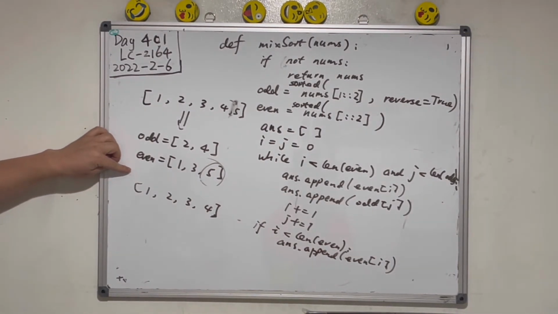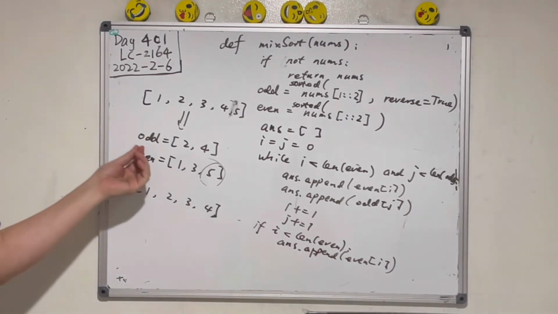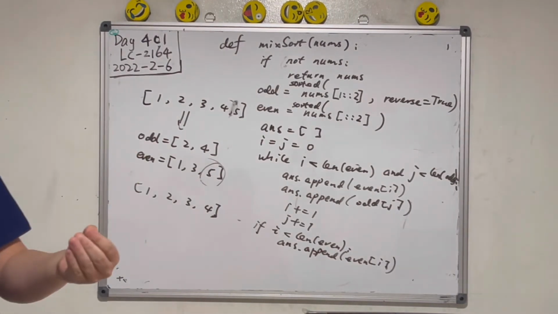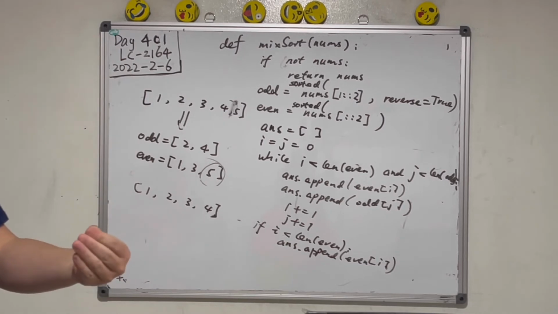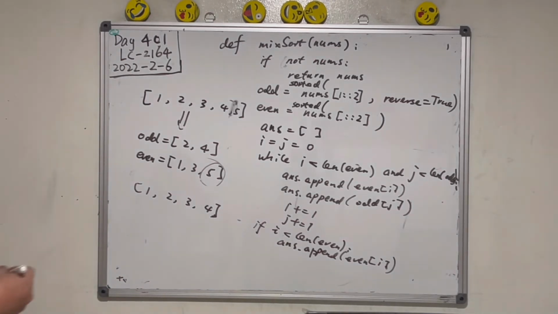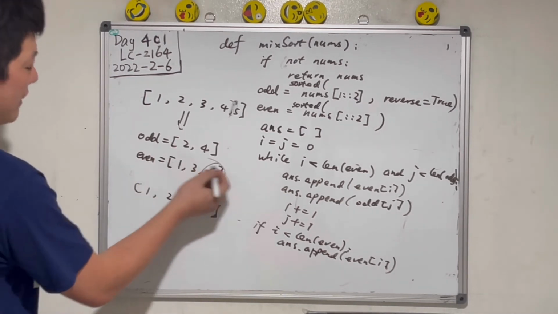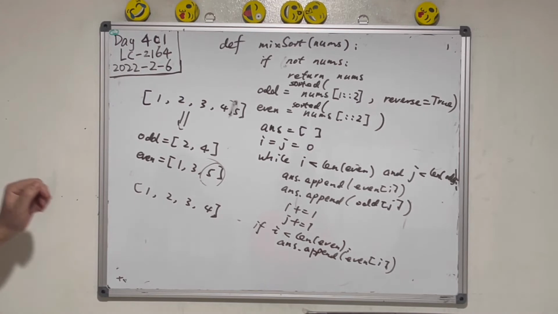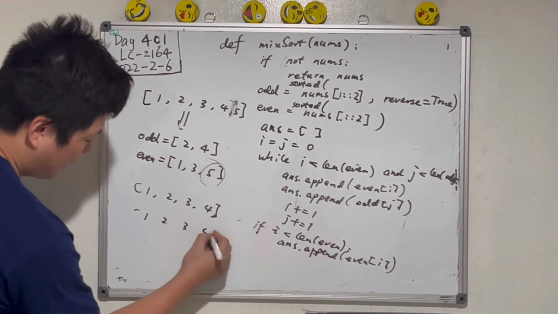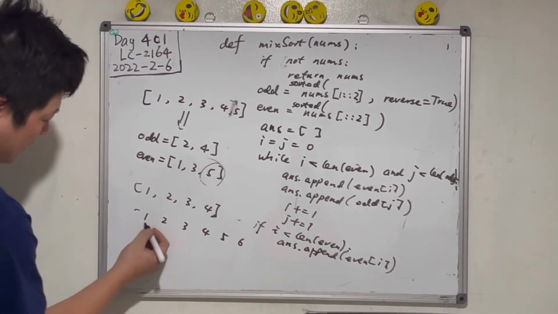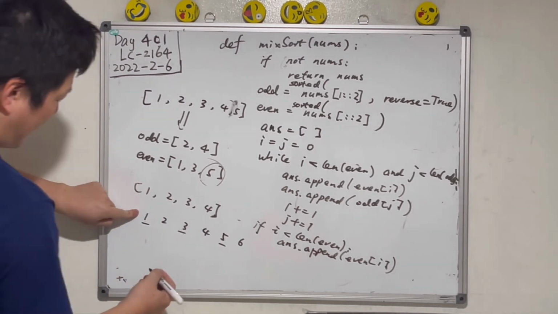No. Let's say 6 numbers. If the original array has an even number of numbers, then both arrays will contain the same number of elements, right?